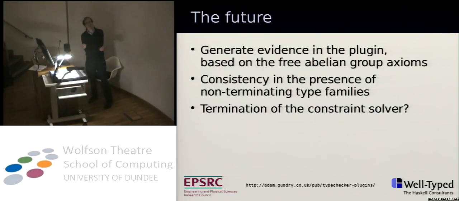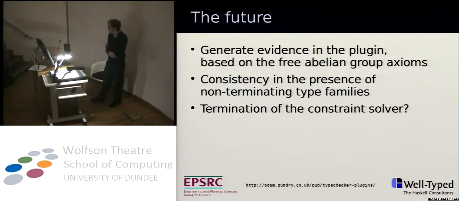And to give you some idea of where I'm going with this work, as I mentioned, in principle it's possible to generate evidence, but that's not currently implemented. There are some interesting issues to do with non-termination of type families, which I think has come up a few times today, and there might be some interesting issues here.